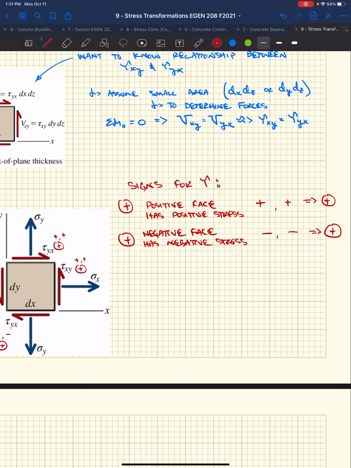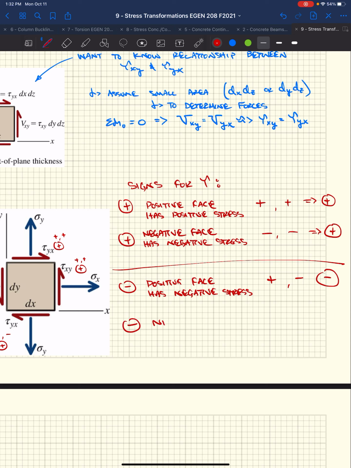Well, we can have a negative shear stress, right? In order to have negative shear stress, you might have a positive face that has a negative stress. So positive face, negative stress, we give ourselves a negative shear stress.